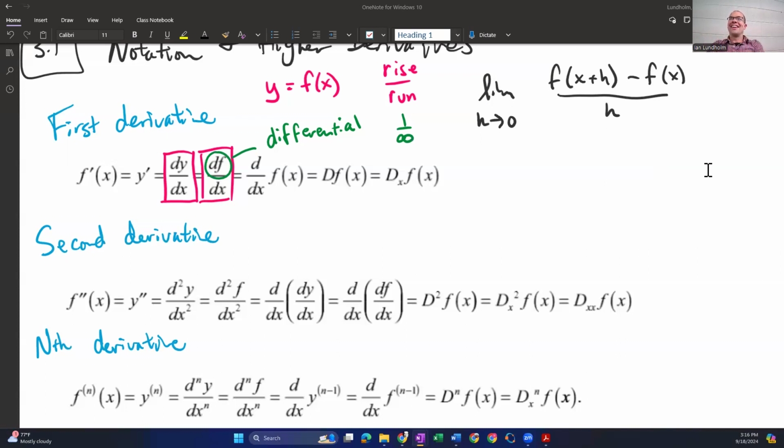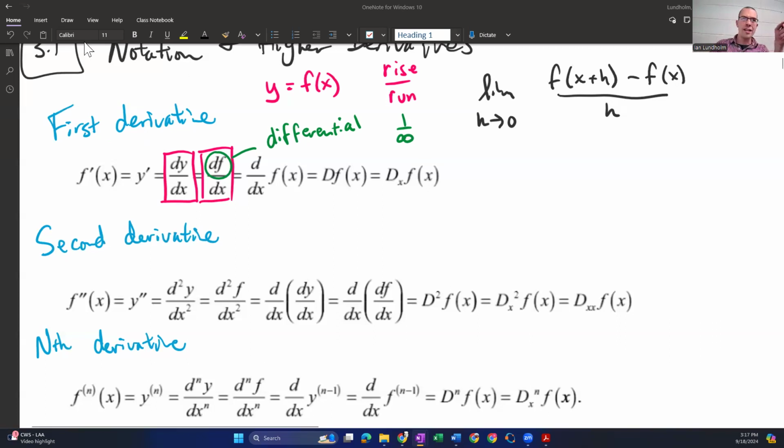The idea is, when we let h go to 0, it's very similar to the idea of a fraction getting smaller and smaller and smaller and approaching zero the larger that you make the denominator of that fraction. So right now, I know that this is not defined super strategically or super rigorously, but we will look at differentials. They're defined in terms of the derivative in a later section.